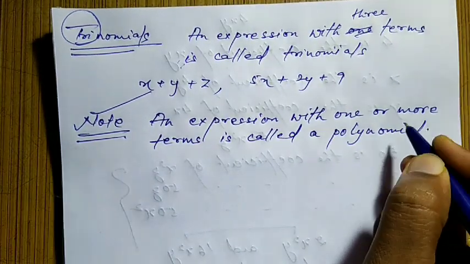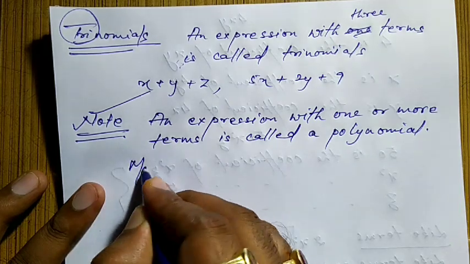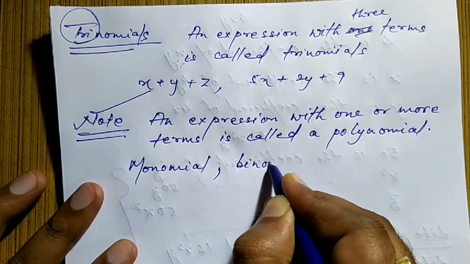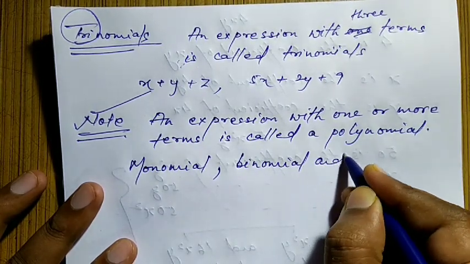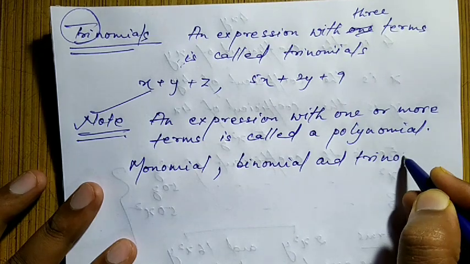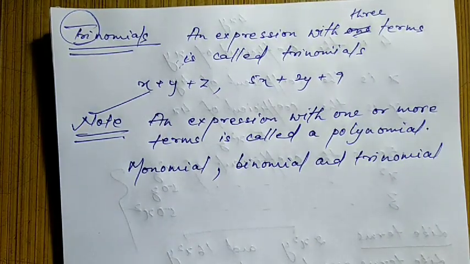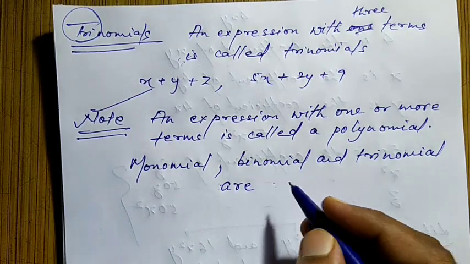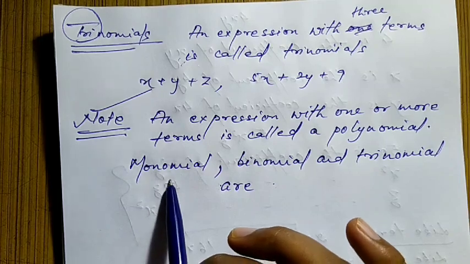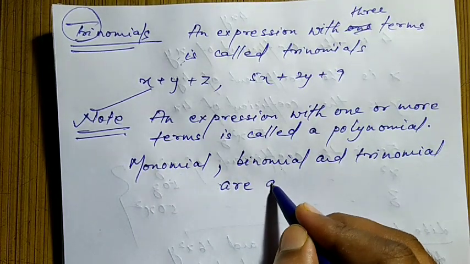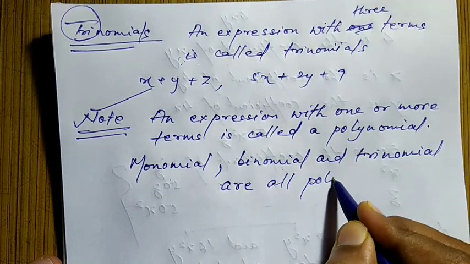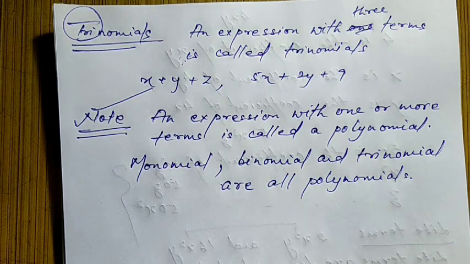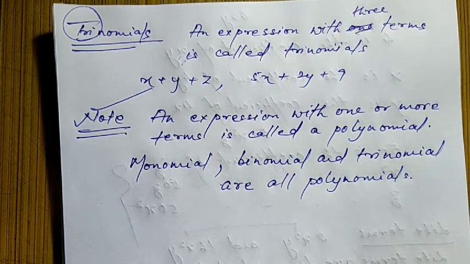Okay, means monomial, binomial and trinomial are all polynomials. So don't be confused between polynomial, binomial, monomial and trinomial.